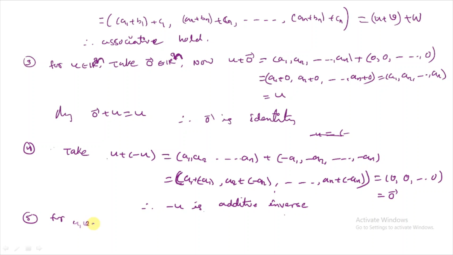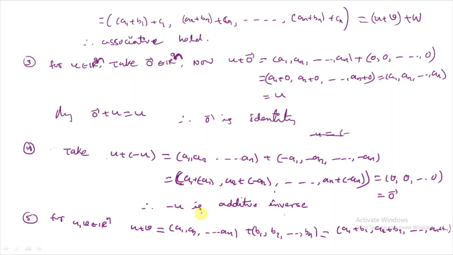For u, v belongs to Rn, what is u plus v equal to? a1, a2, up to an plus b1, b2, up to bn. By the closure property, you can write a1 plus b1, a2 plus b2, and so on, an plus bn. These are real numbers.